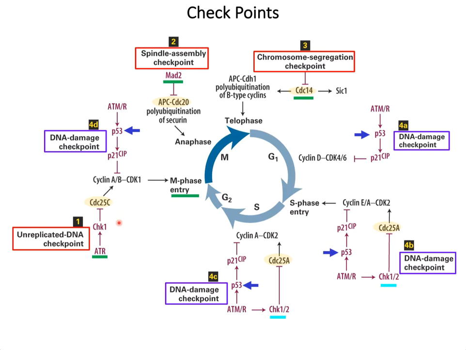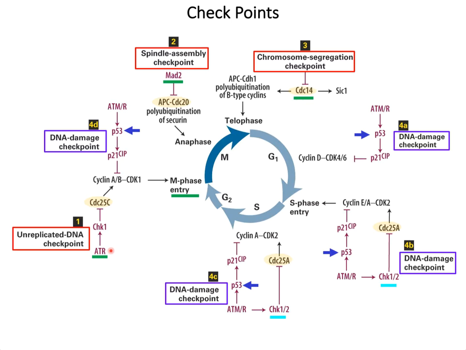CHEK1 can inhibit another protein known as CDC25C. And CDC25C is responsible for activating the cyclins that mediate the G2 to M phase entry. So if there is unreplicated DNA, the cell can halt the cell cycle before the entry to mitosis through this system right here.